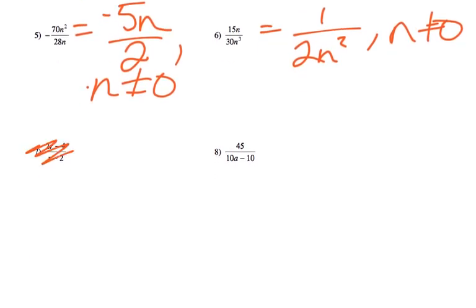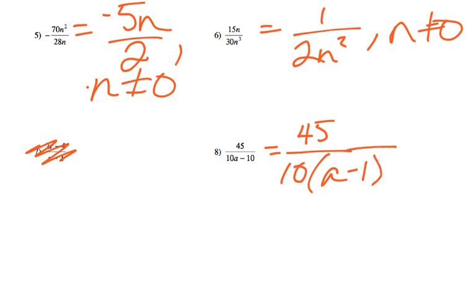For 7, we actually already did this in one of our examples, so I'm going to skip that. 8 is one that's frequently missed, so you definitely want to try this one on your own first. But here's how I would do it. I would leave this numerator as 45 and then change this to 10 times a minus 1. I then am going to look at this 45 over 10 and simplify that.